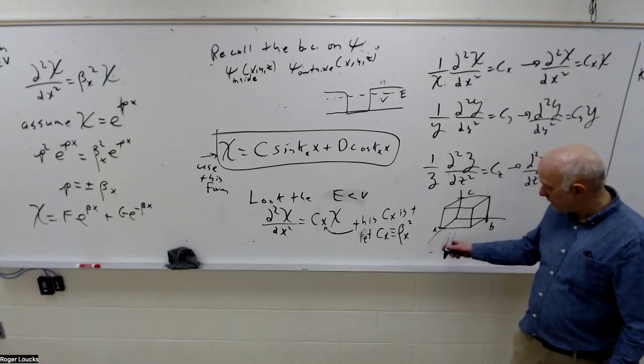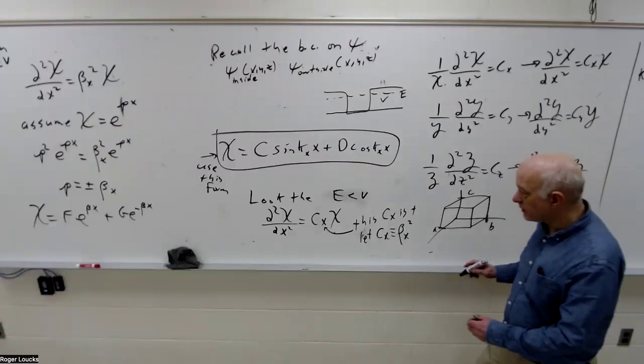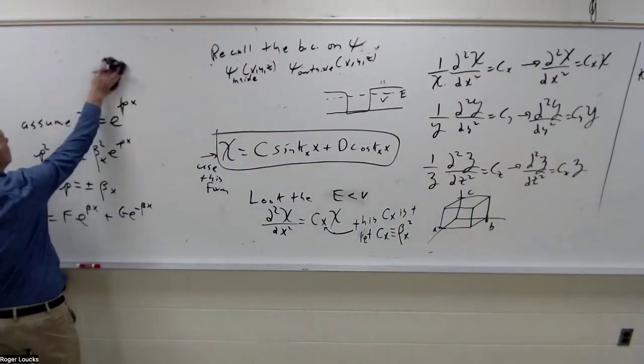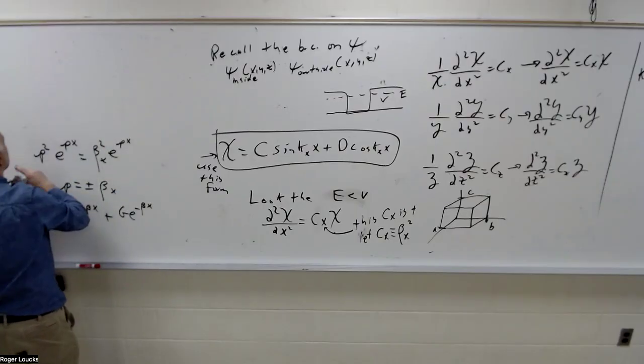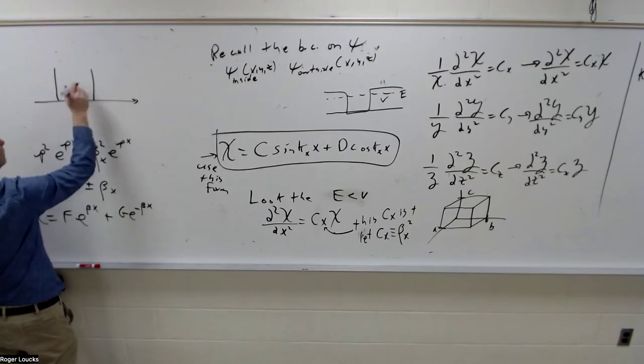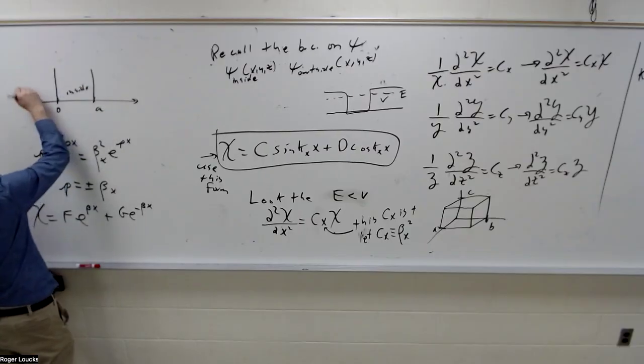Outside the box would be out here, or kind of on the back side here. If I look at just the x-axis in our box, this is 0, this is A. This is inside, and this is outside.